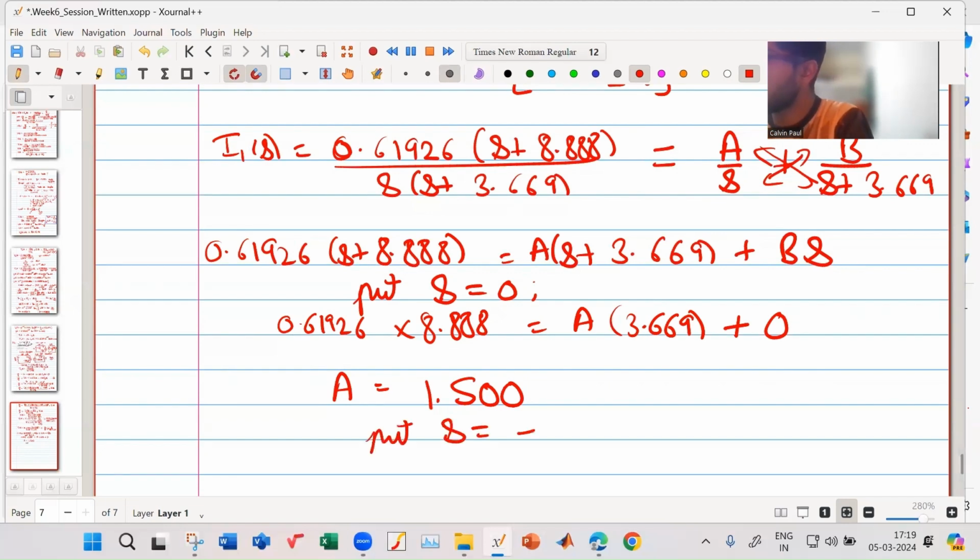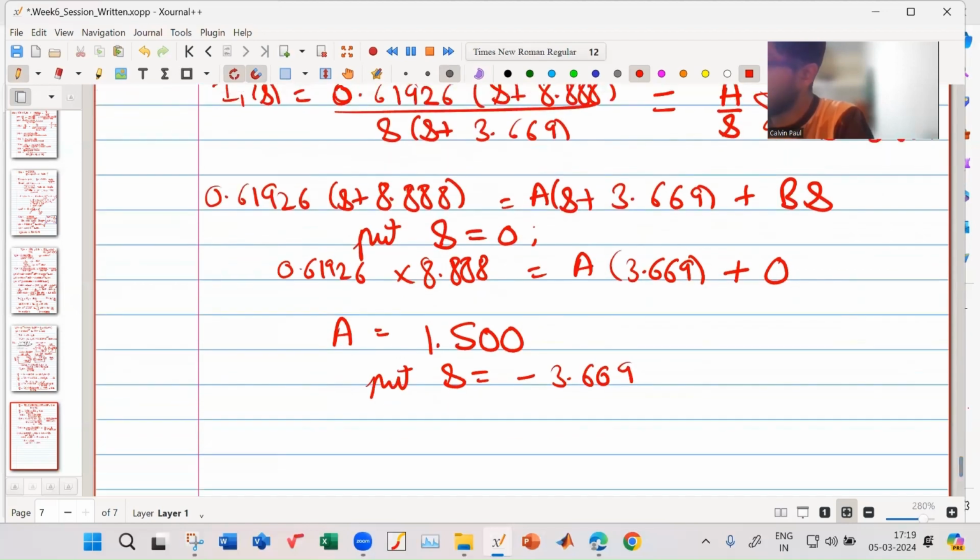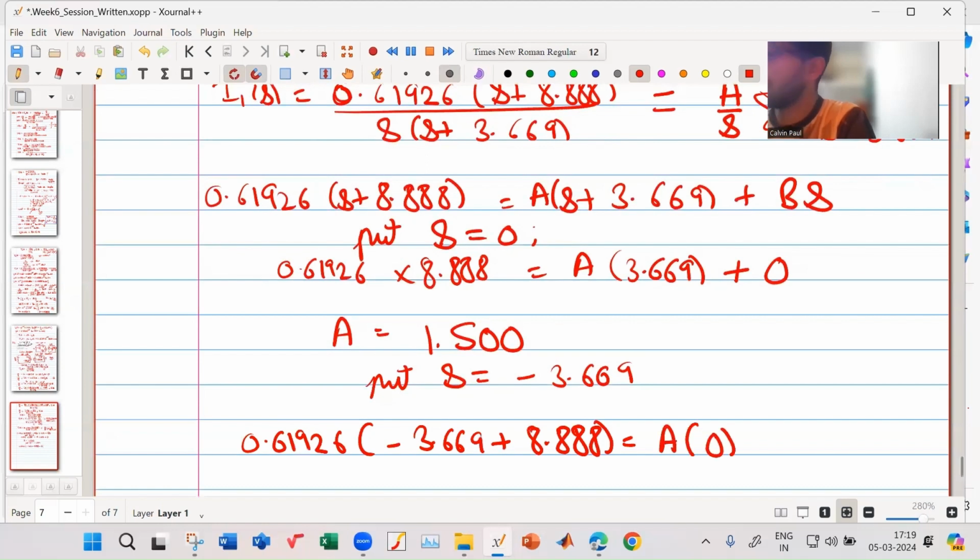Okay, if I want to find the value of B, I will put S equal to minus 3.669. So I will get 0.61926 into minus 3.669 plus 8.888 is equal to A into 0, because S plus 3.669 becomes 0. So it becomes A into 0 plus B into minus 3.669.